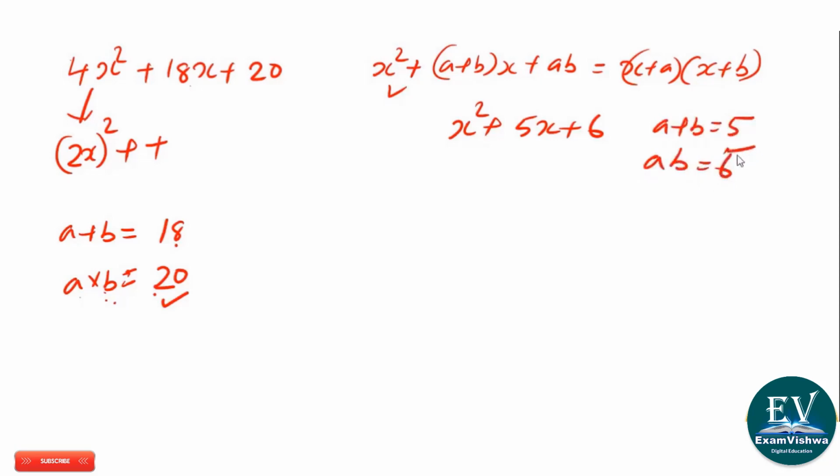This 6 is decided by multiplying the coefficient of x square with 6. That means there was a multiplication going on between these two.